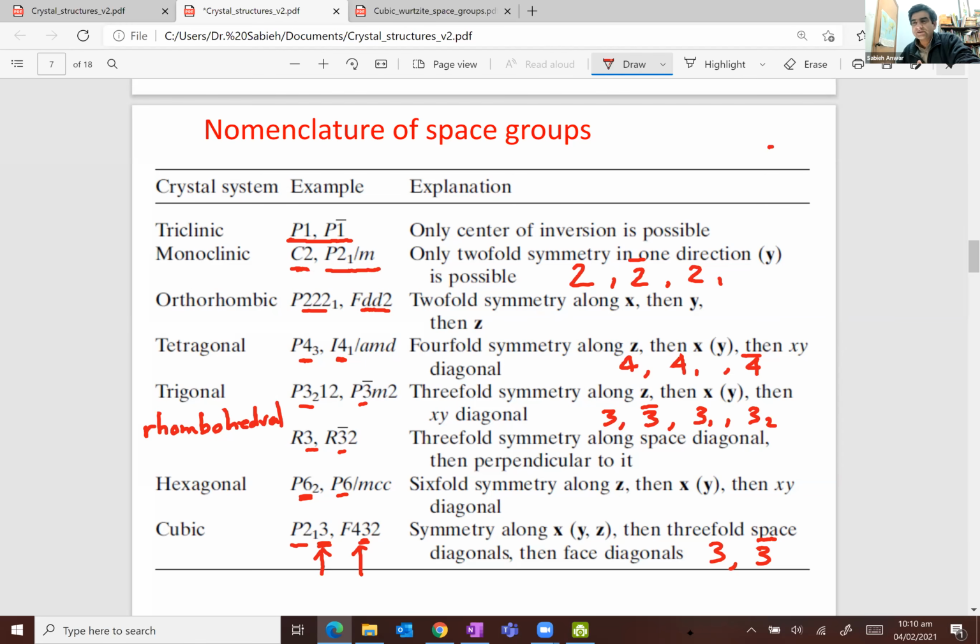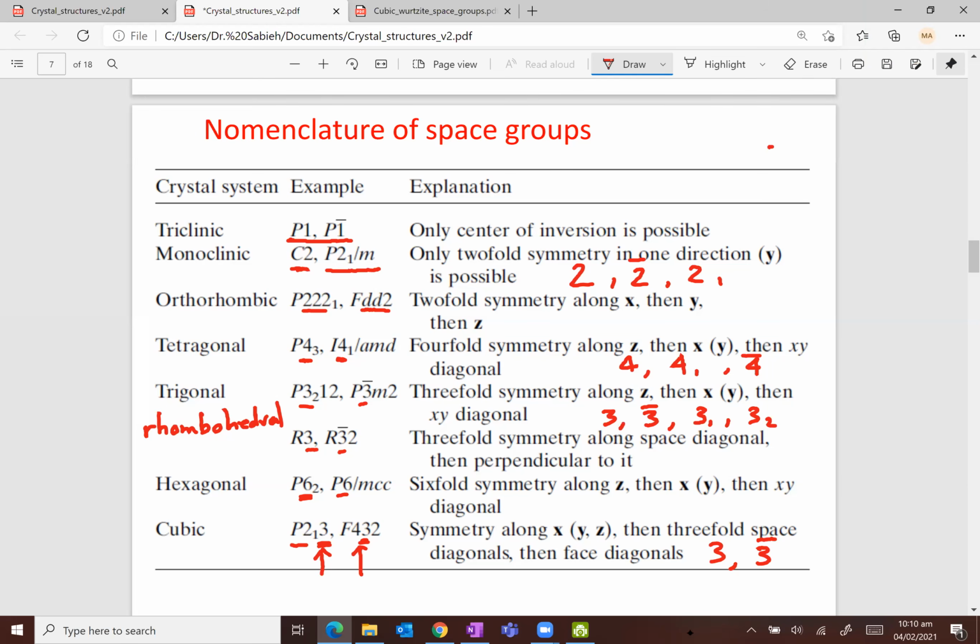The second tells us what's going on along the body diagonal, and the third tells us what's going on along the face diagonal. So there are general rules about nomenclature of these space groups as well. And the first letter always represents the lattice type, whether it's P centered, C centered, I centered, F centered, and so on. Yes, Mariam.